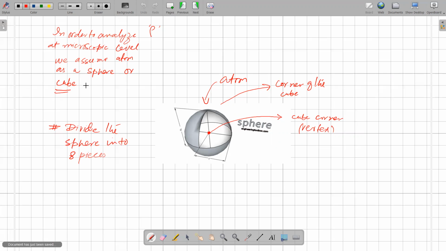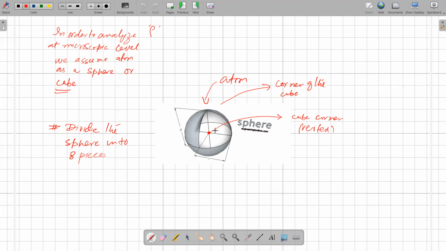Here, according to the question, we assume the atom is like a sphere. If we divide the sphere into 8 pieces, this will be your piece, right?